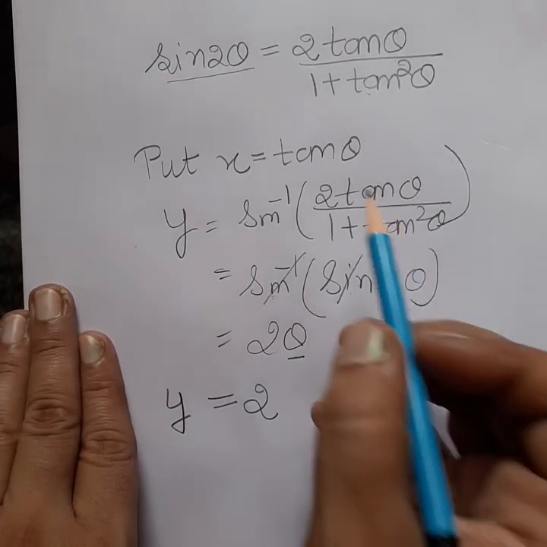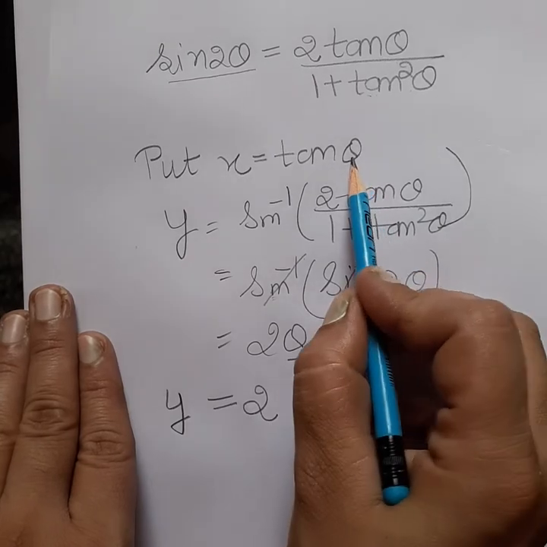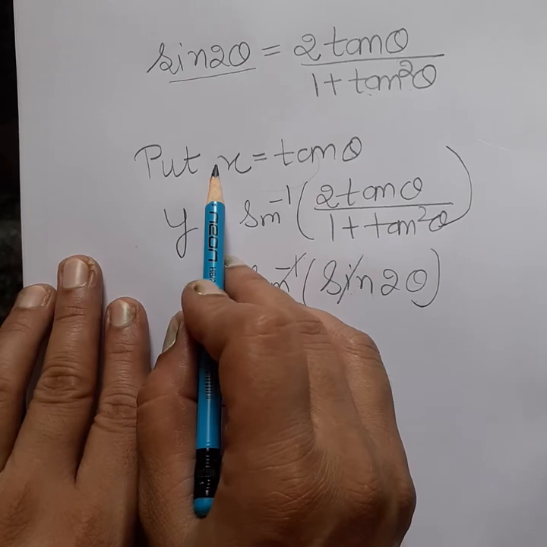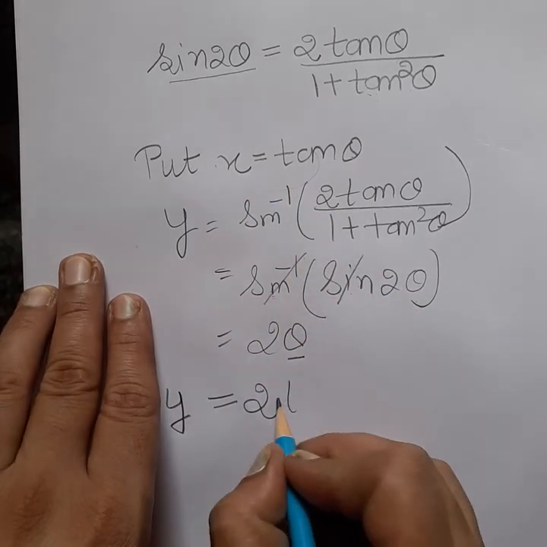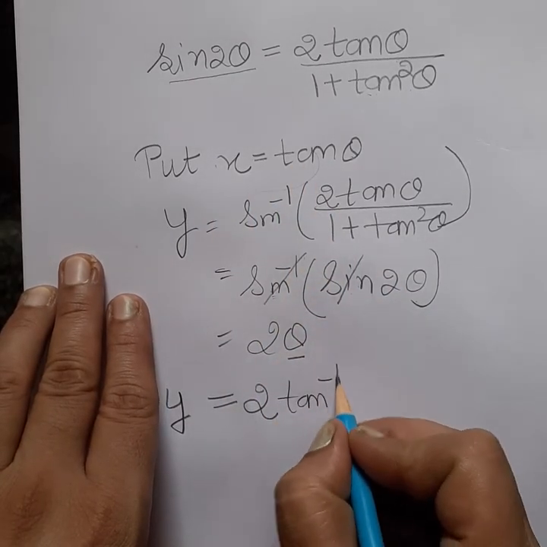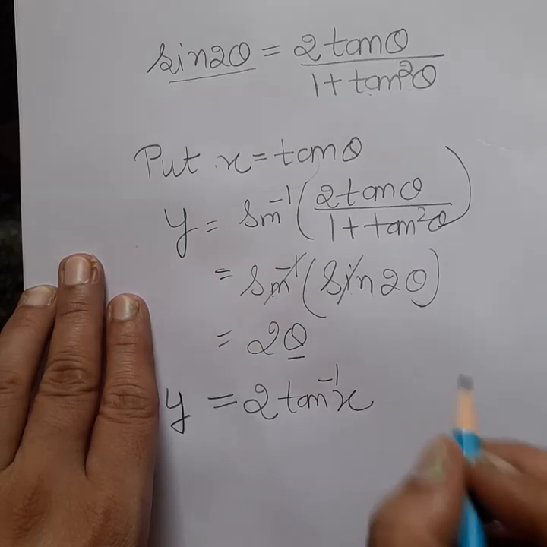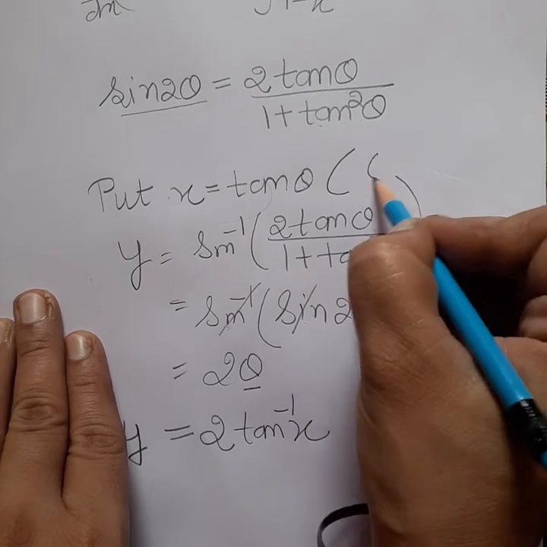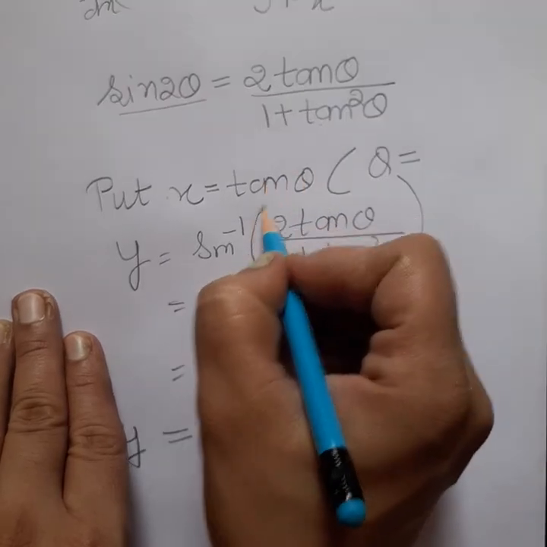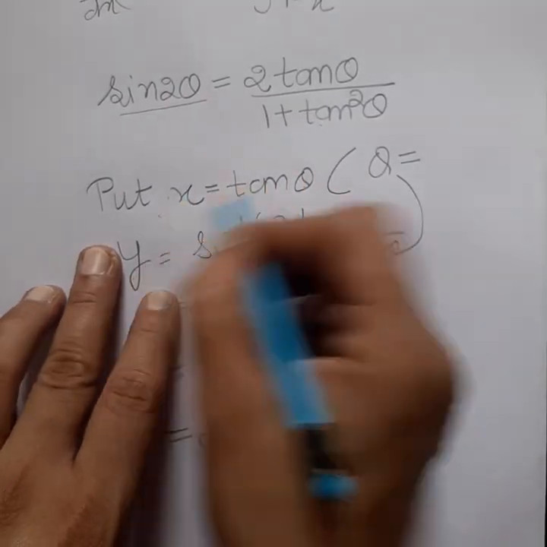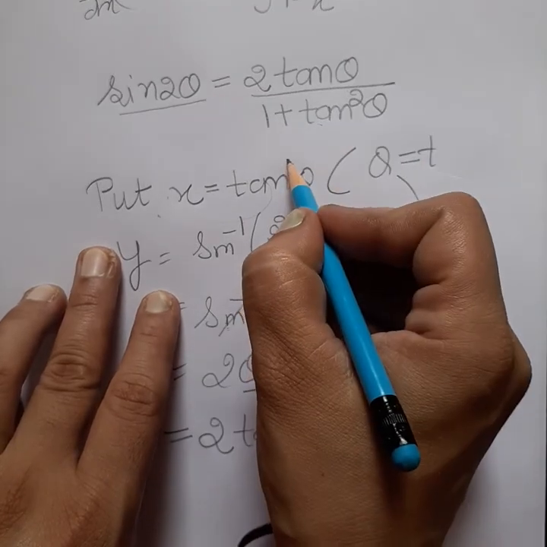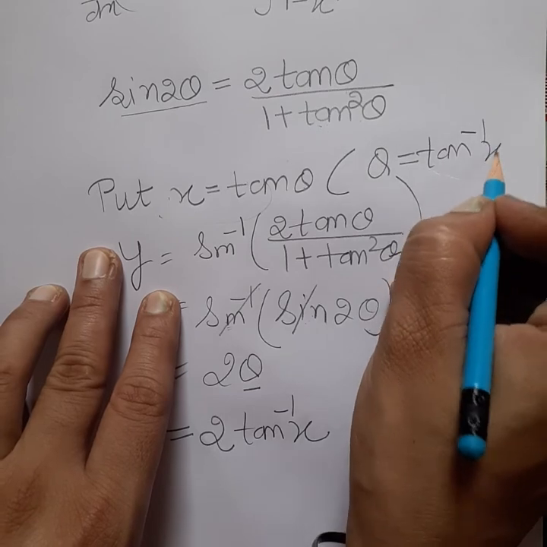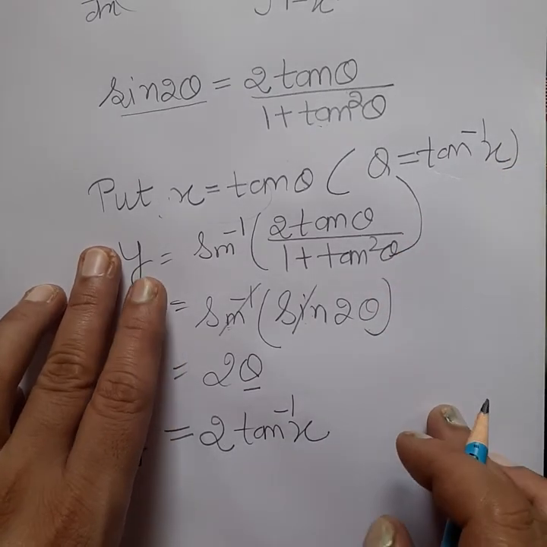So you have to find the value of theta, and you take tan to the left hand side, and you get theta is equal to tan inverse x. I repeat, when you find the value of theta, you take tan to the left hand side, and you have tan inverse x in this way.